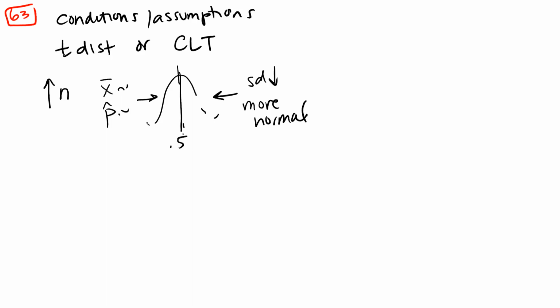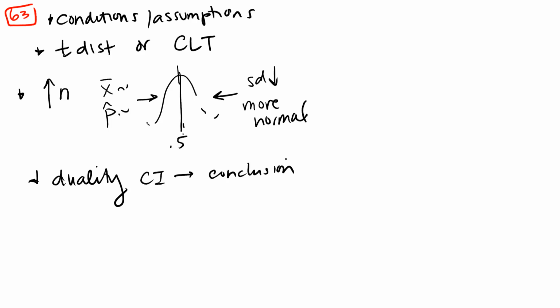Oh, we haven't talked about duality. The idea that a confidence interval can lead us to a conclusion by just looking at where the null value falls. To me, most of these are common sense.